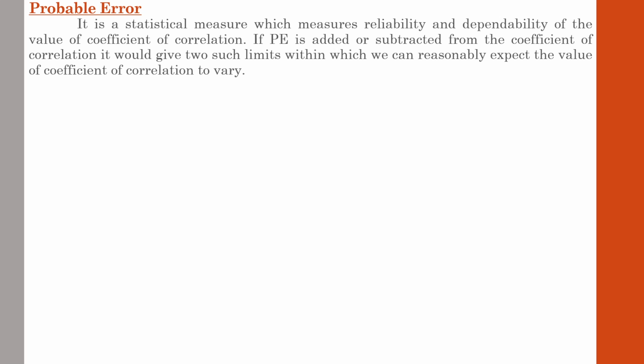So you have got one limit. And for another limit, if you deduct 0.2 from 0.5, you will get 0.3. So the variation for that particular value of R is between 0.3 and 0.7, and the correlation coefficient will lie anywhere between 0.3 and 0.7 if there exist variations. That is why we use probable error for identifying the limits of the correlation value.